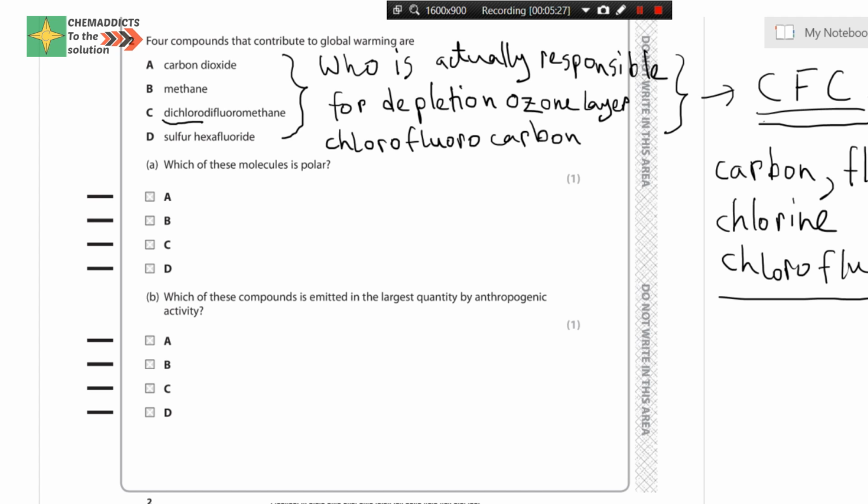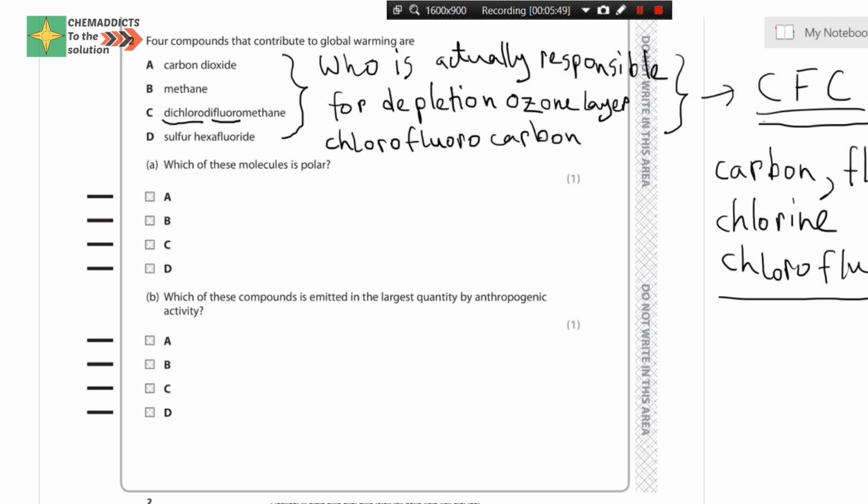Now let us match. Does this have fluoro and carbon? Here it also contains fluoro in the name of this compound. So it has chloro and fluoro: dichloro, difluoro. Does this have carbon?